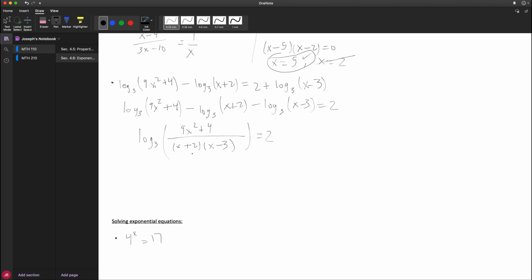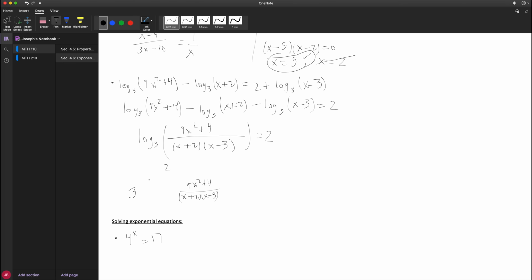Now I can switch this to exponential form if I use a triangle. At the base of the triangle goes a 3, and this (9x squared plus 4) over (x plus 2)(x minus 3), and on the top goes the 2.